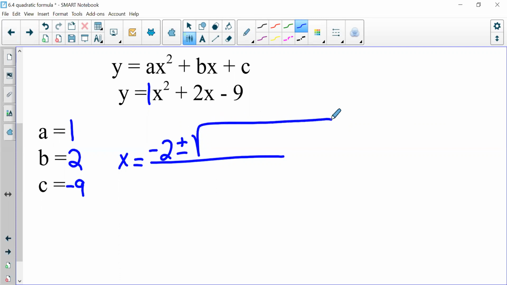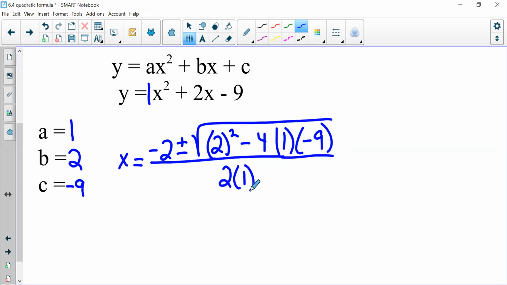Square root of b squared, which is 2 squared, minus 4 times a, which is 1, times c, which is negative 9. All over 2a. So please make sure you write it appropriately. All of that whole top thing has to then be divided by 2a at the end.